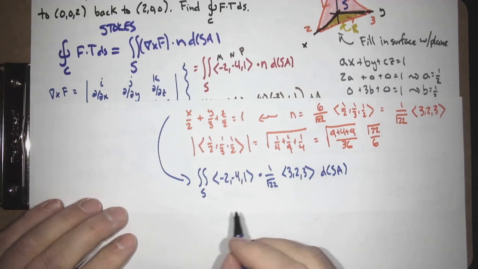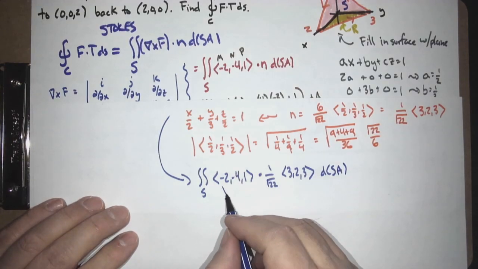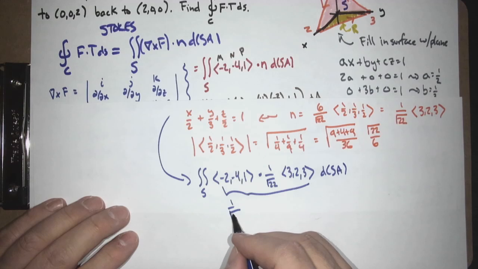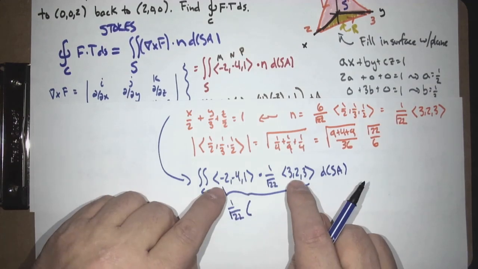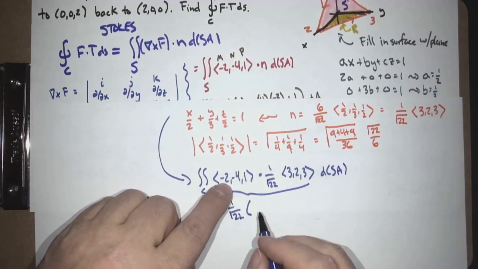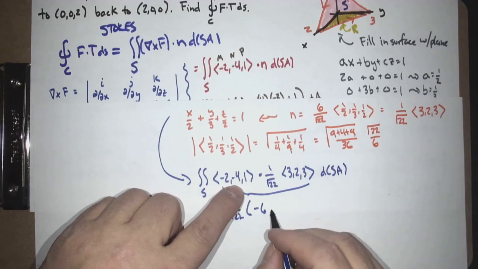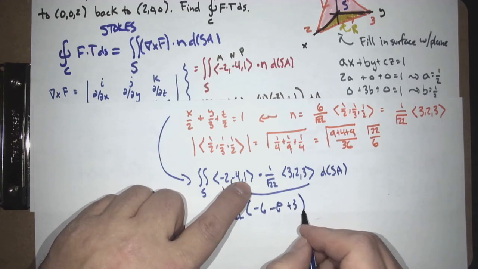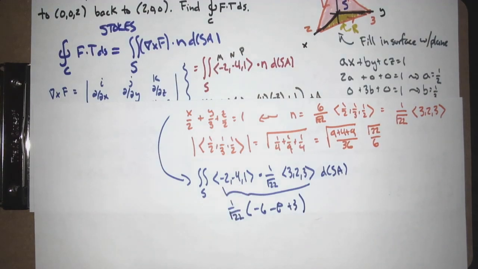Well, 1 over root 22, dot product, we'll get -6, -8, plus 3. -6, -8, plus 3, that might sound familiar. What does that give us? -11.